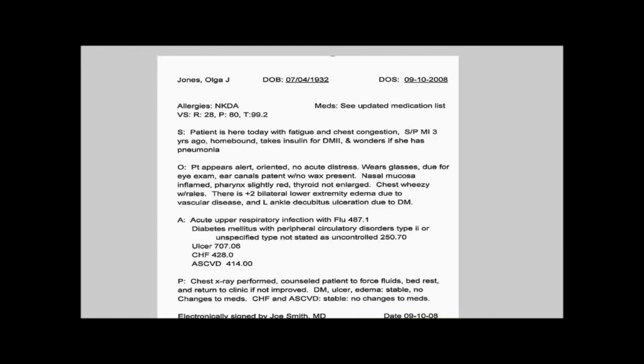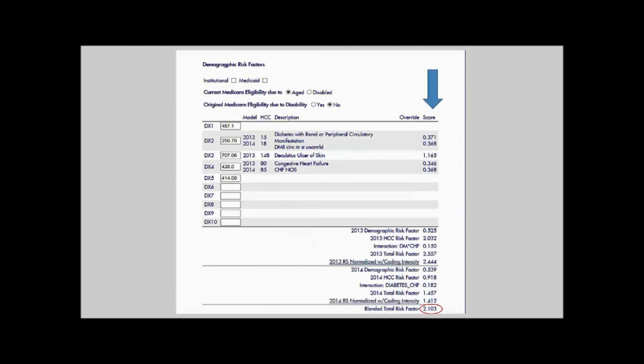When you enter those into the model, you will note that all of these, except for the 414.00 for the ASCVD, have additional risk factors. And when you look at her blended risk factor, it's 2.103, much higher. You will note that there is an additional risk included when you have more than one comorbidity, such as diabetes and CHF.